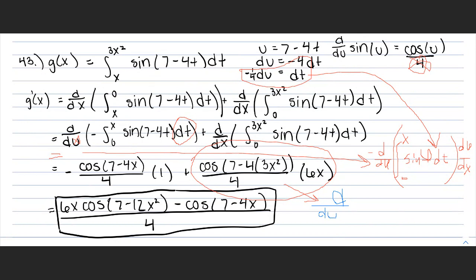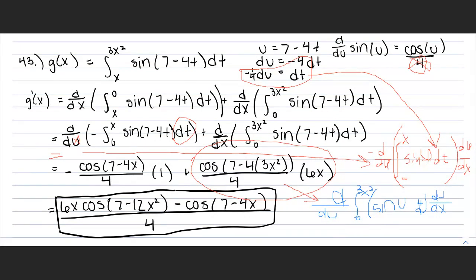So, okay, so the integral of sine u dt would equal cosine of 7 minus 4 times 3x squared, over, or I could say over 4.